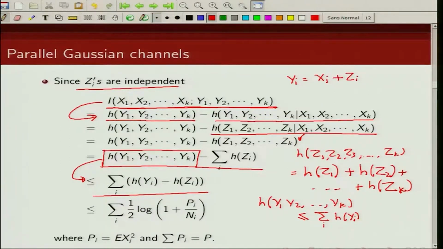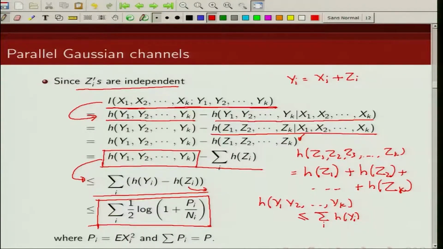Now this can be upper bounded by the following. The differential entropy of zi is basically half log 2 pi e times N, which is the noise variance, and the differential entropy of yi can be upper bounded by the differential entropy of a Gaussian distributed random variable with variance given by P. So if you plug that value in here, we can write that the mutual information can be upper bounded by this term.